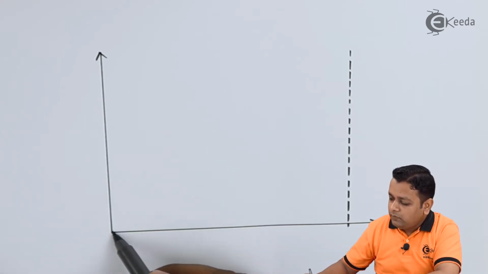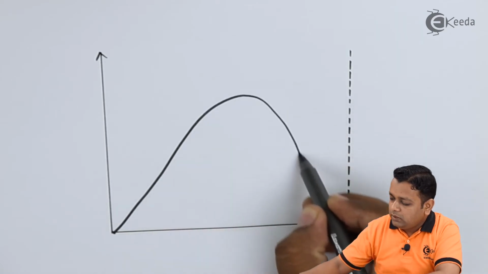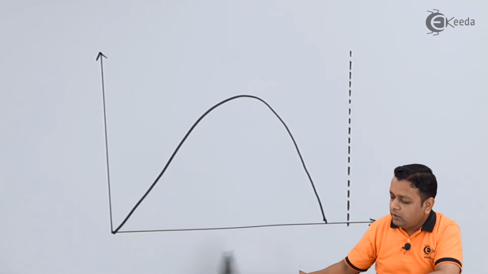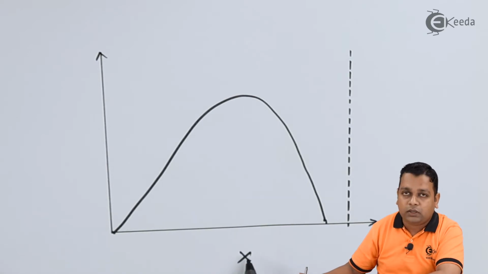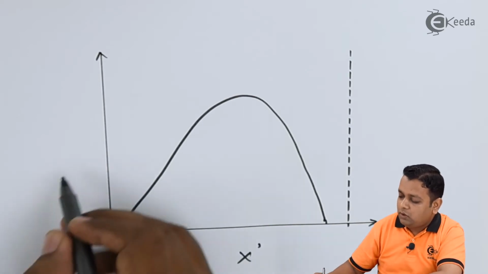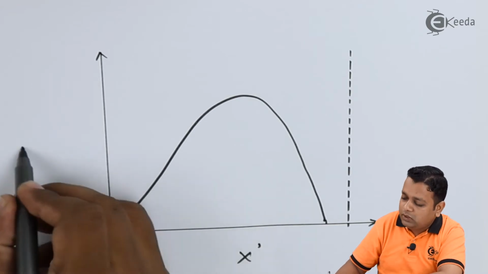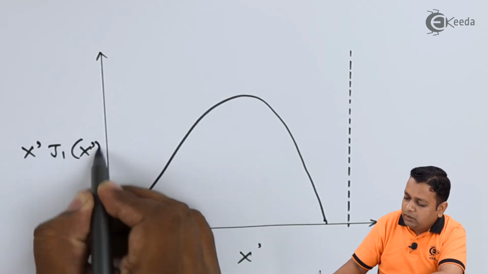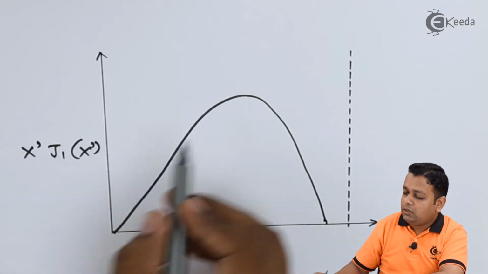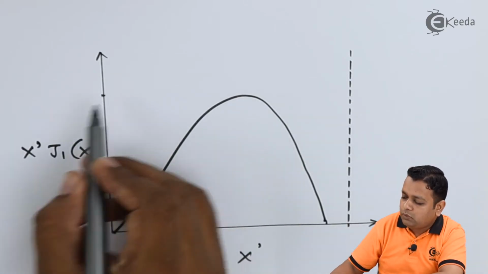So in this diagram there will be this type of curvature. If onto the horizontal axis we have the bunching parameter x dash, and onto this vertical axis we have x dash in multiplication to J1 of x dash.